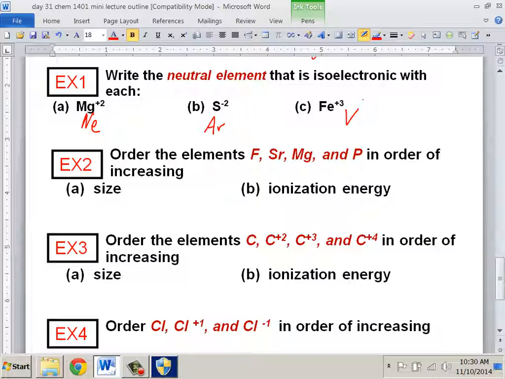Remember how size went. Biggest element, smallest element.